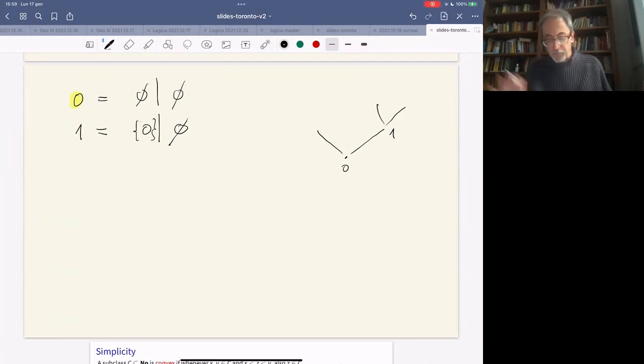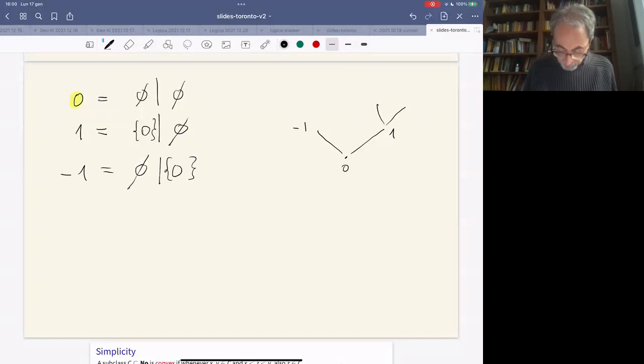So on the right, you have no constraint. -1 is here. -1 is smaller than 0. And you have no constraint on the left. So it's the simplest element smaller than 0.